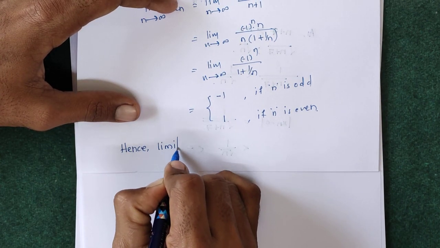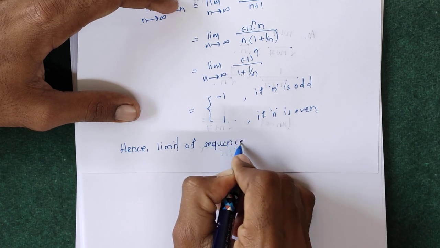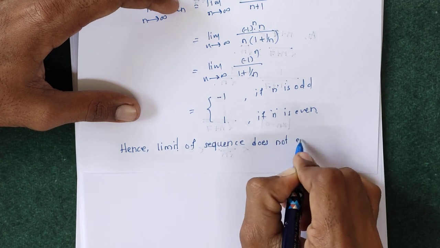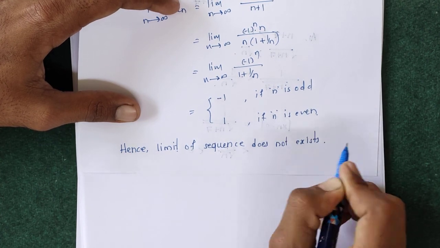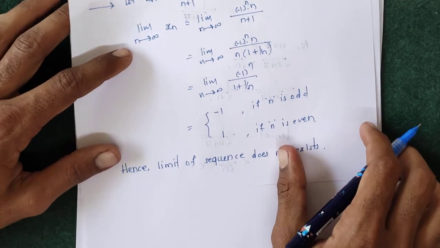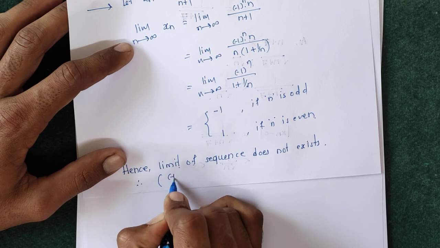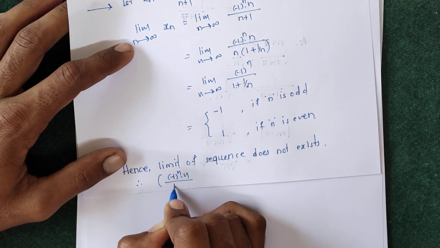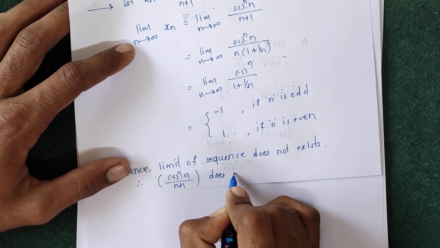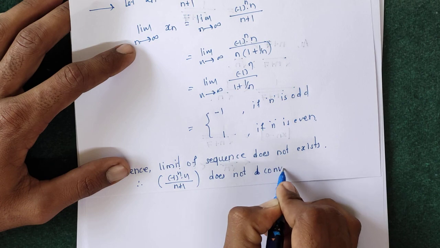The limit of a sequence does not exist, hence this sequence is not convergent. Therefore, the sequence (-1)^n · n/(n+1) does not converge.